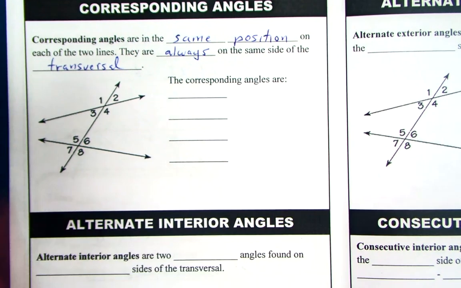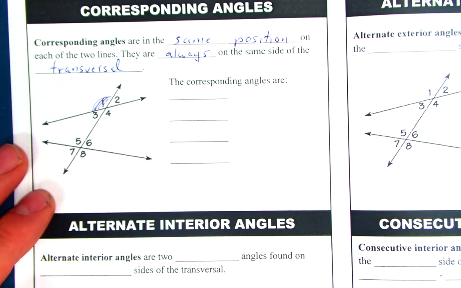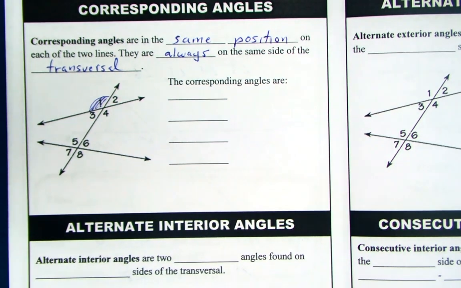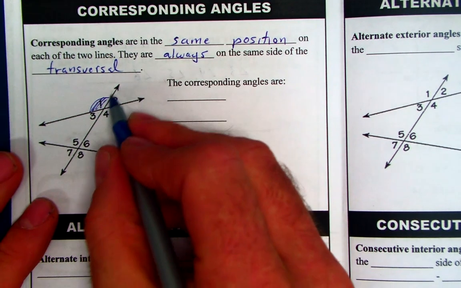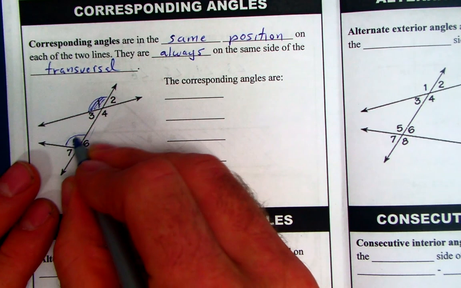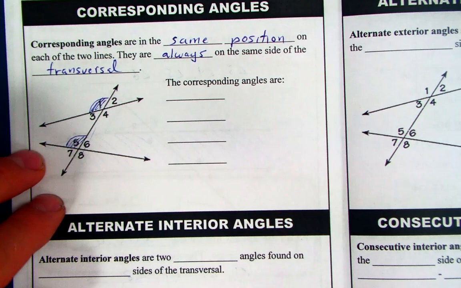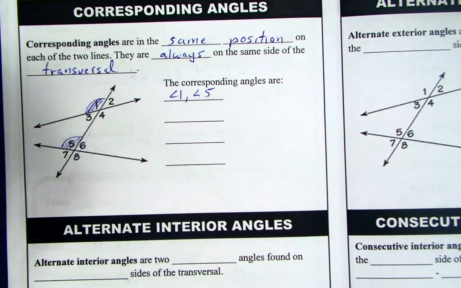Okay, so the idea is, let's look at angle 1. What angle is on the same side of the transversal and in the same position on the other line? Well, it has to be to the left of the transversal and the top left. So angle 5 is corresponding with it. So we have angle 1 and angle 5.